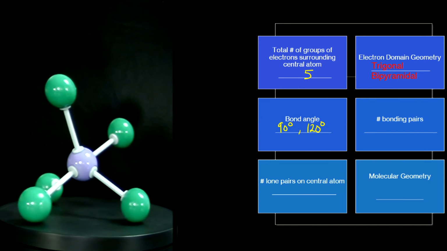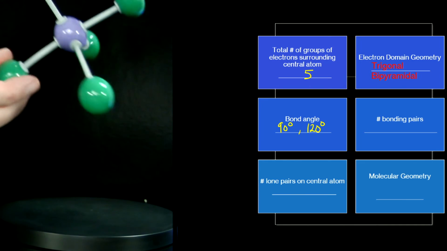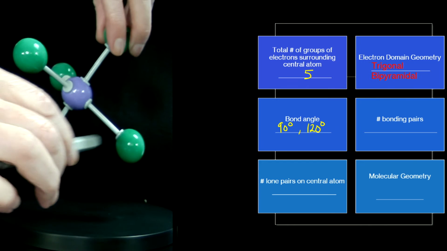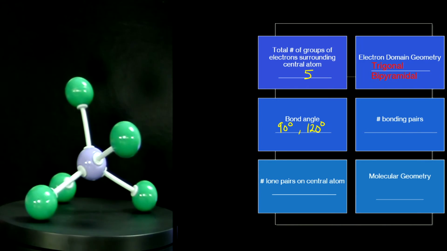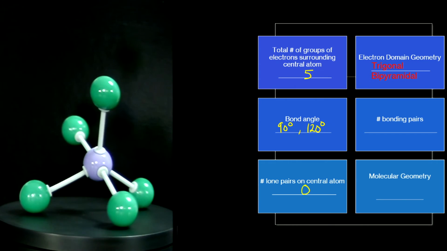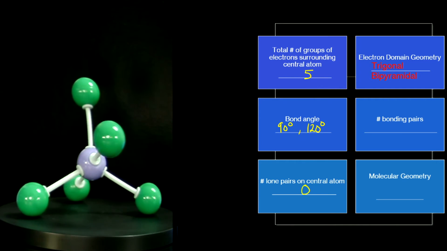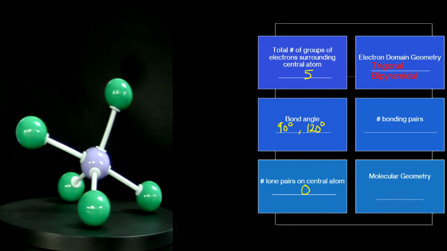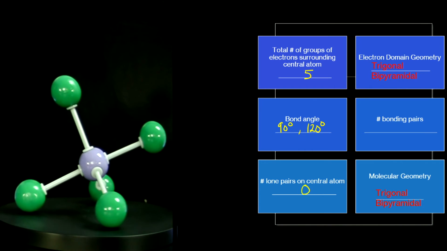So taking a moment, we see here, this would be a 90 degrees, and between these two here, we would have 120 degrees. The lone pairs are 0, and the molecular geometry, because there are 0 lone pairs, you guessed it, is going to be the same as your electron domain geometry. So it will be trigonal bipyramidal.